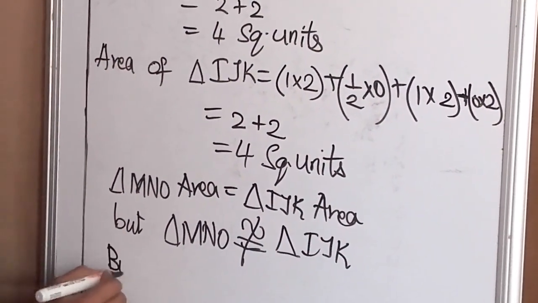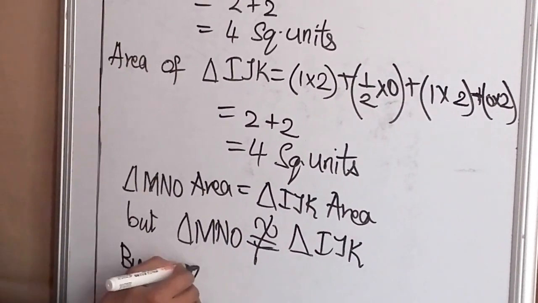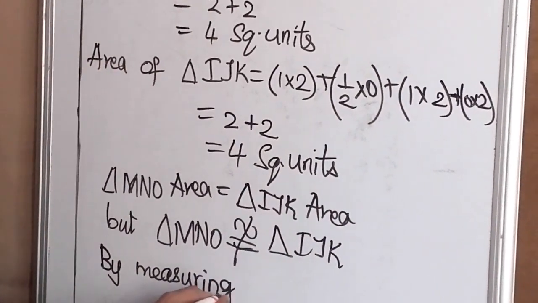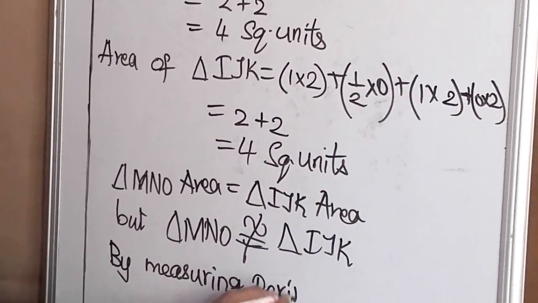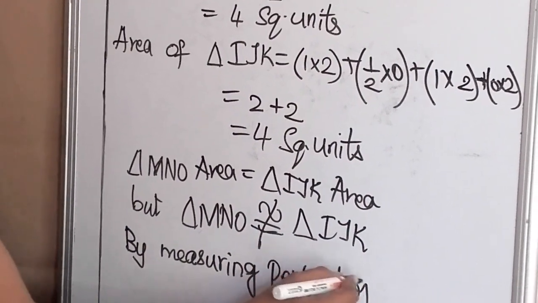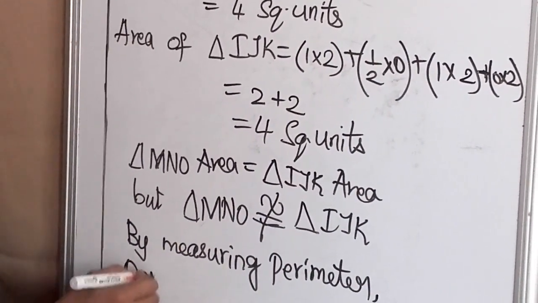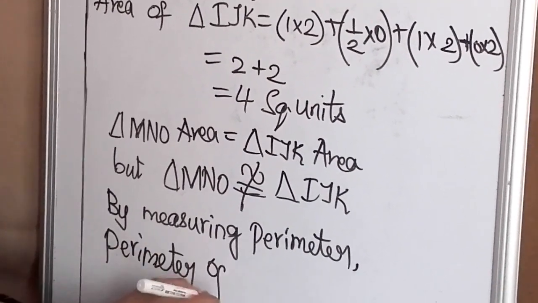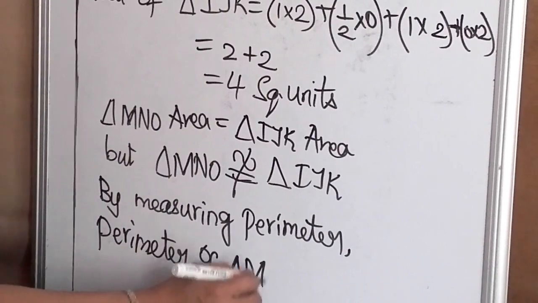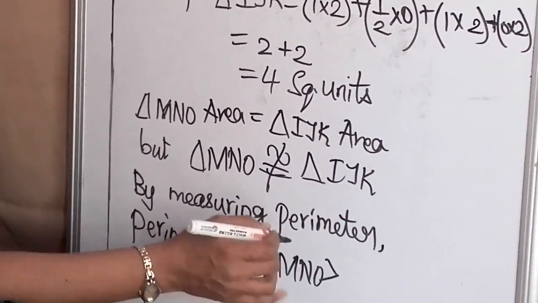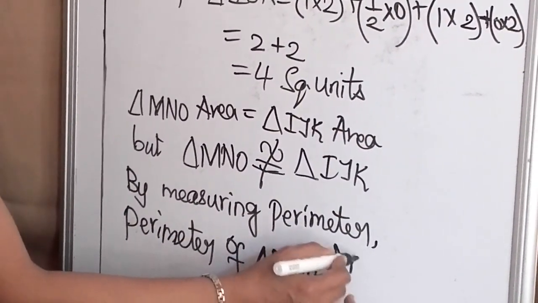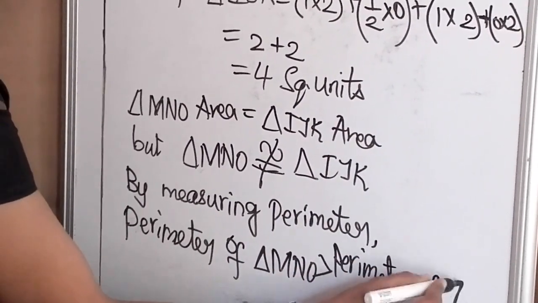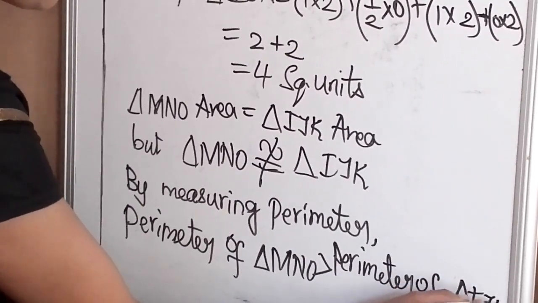By measuring perimeter, you know that perimeter of triangle MNO is greater than perimeter of which triangle? IJK.